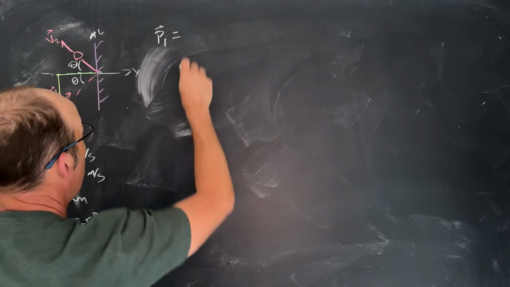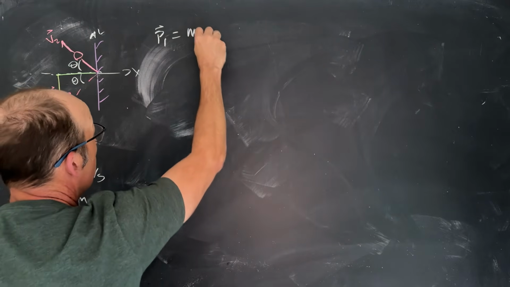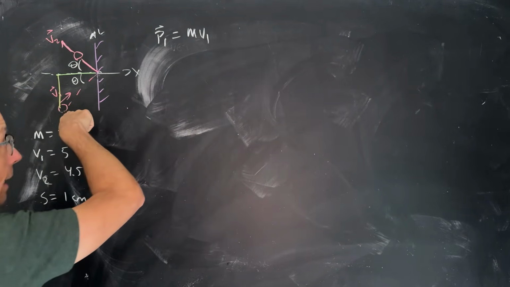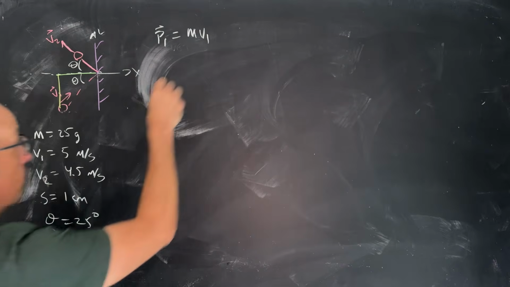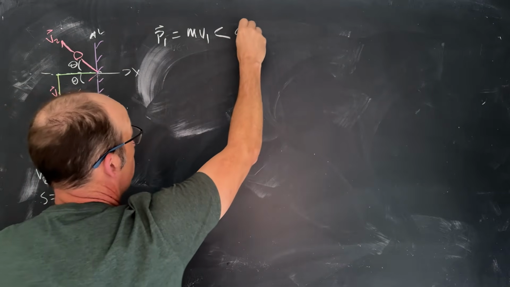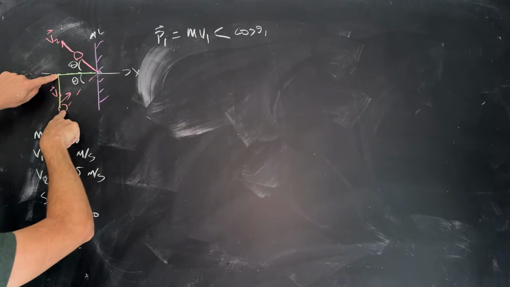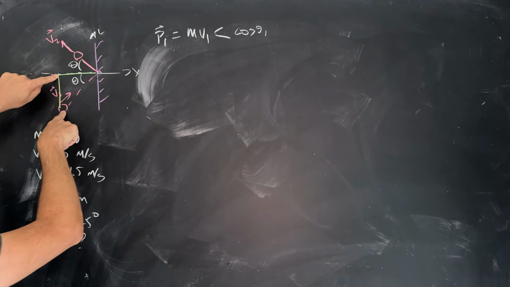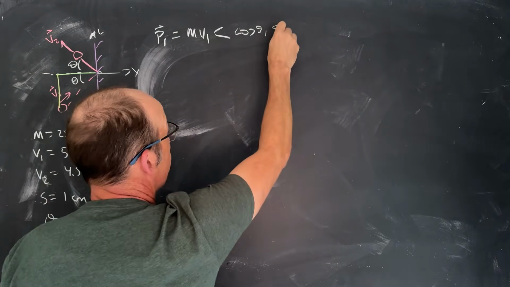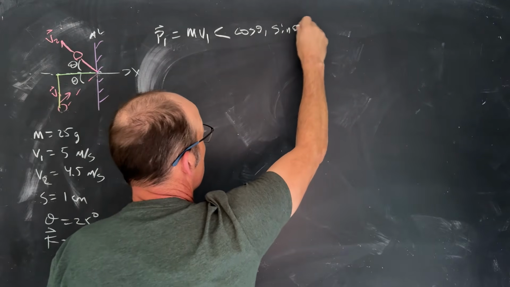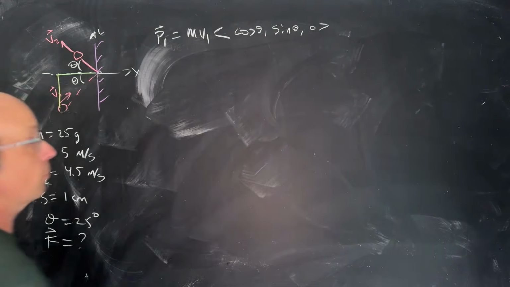So I'm going to write P1 as m v1, because it's the magnitude of the initial velocity, 5 meters per second, and then I'm going to multiply by the vector with cosine theta in the x direction. And in the y direction, it's going to be sine theta. And again, it's going to be positive. It's moving in the positive direction. So there's my initial momentum.